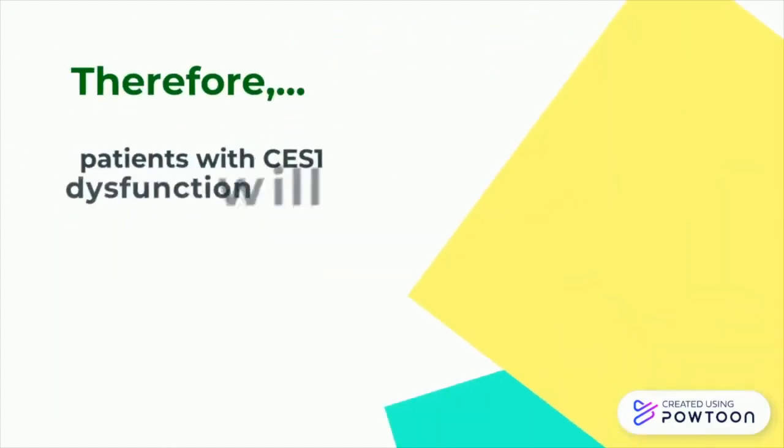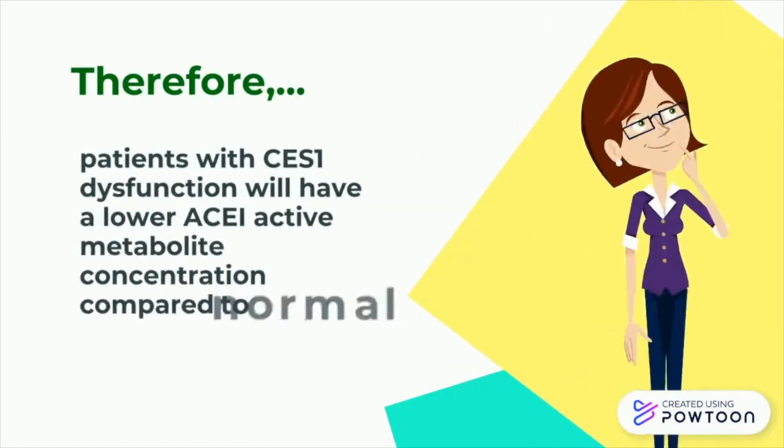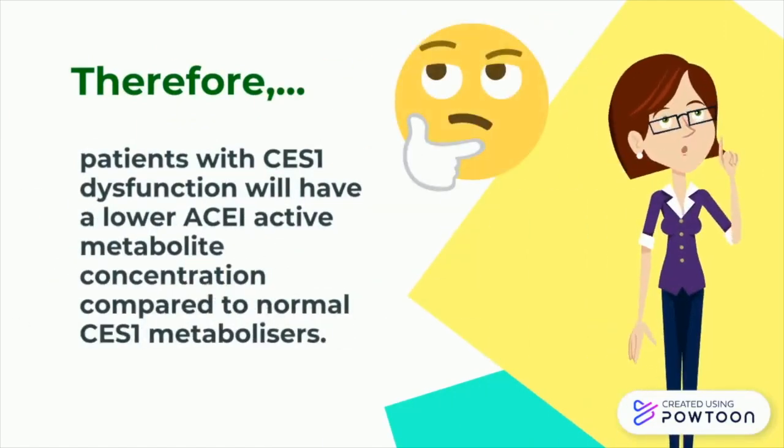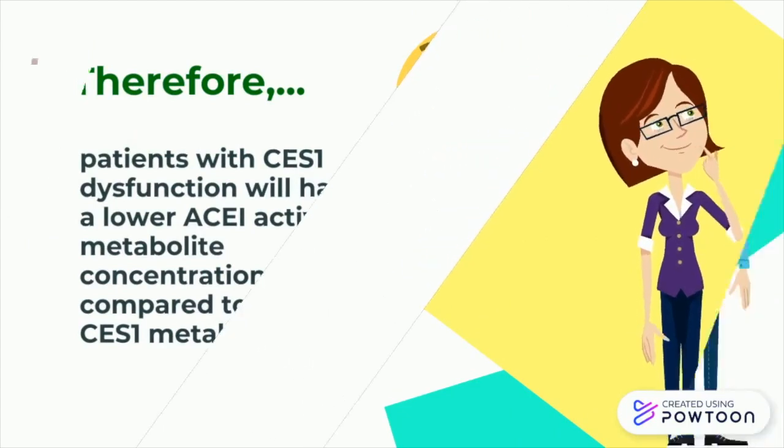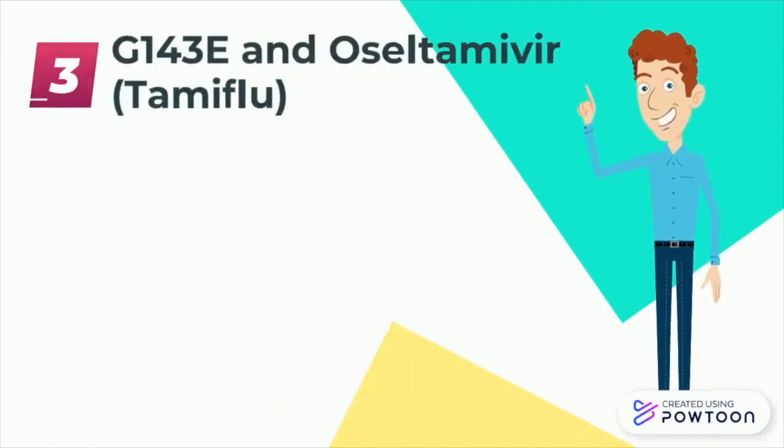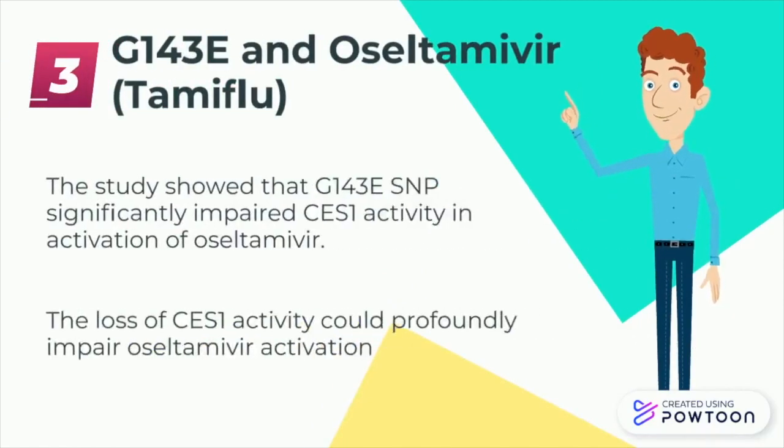Therefore, patients with carboxylesterase 1 enzyme dysfunction will have a lower ACEI active metabolite concentration compared to normal individuals. G143E and Tamiflu. The loss of carboxylesterase 1 enzyme activity could profoundly impair oseltamivir activation.